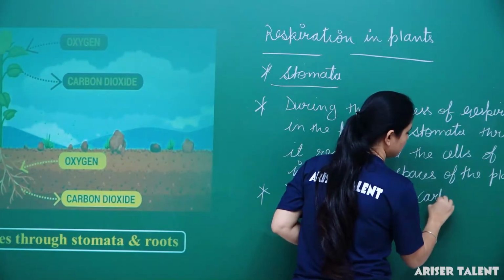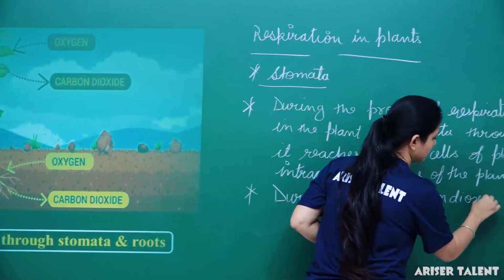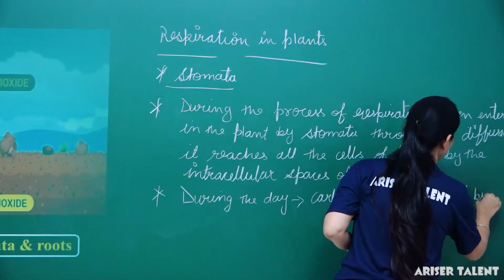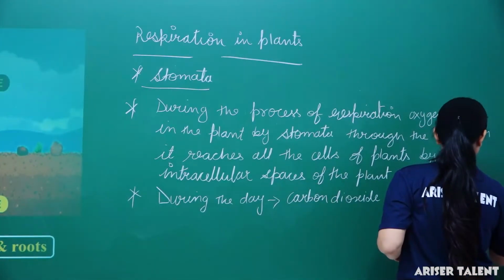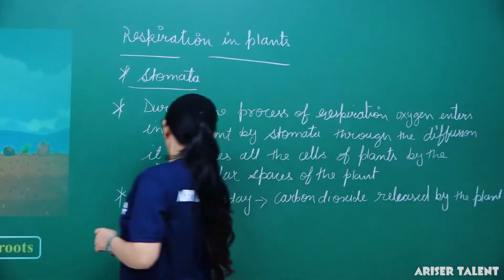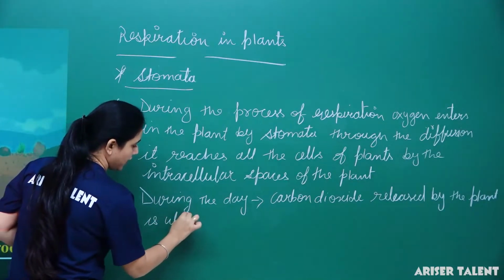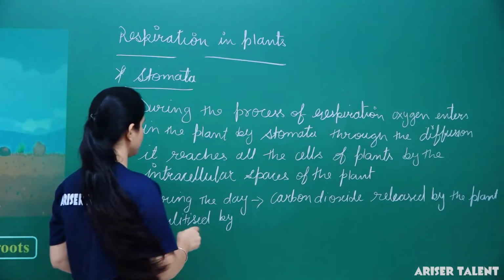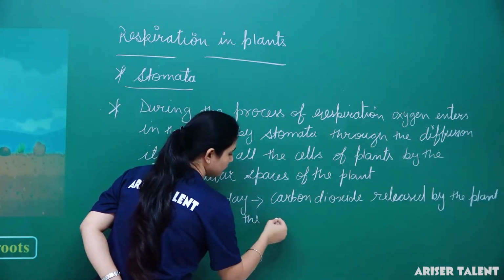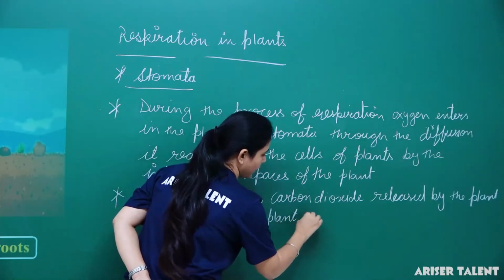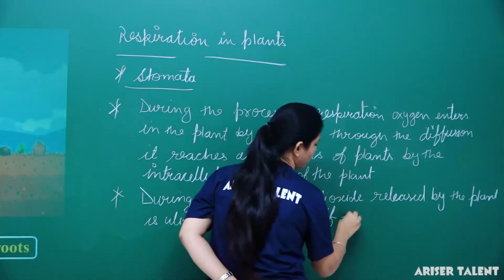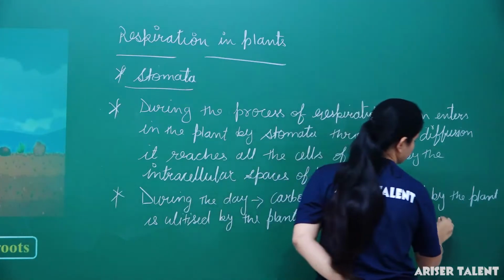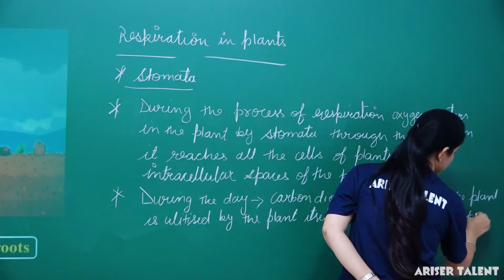Now during the day, carbon dioxide released by the plant is utilized by the plant itself for the process of photosynthesis.